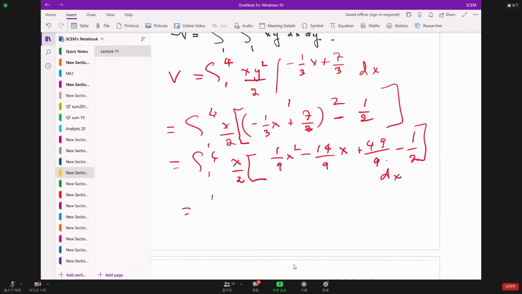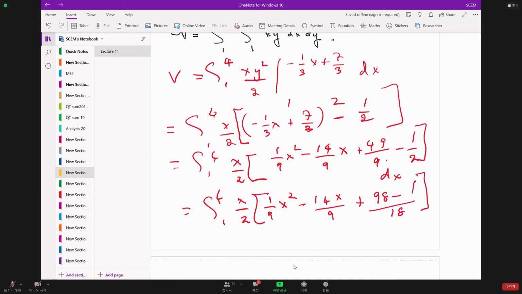So this is equal to, this is a half, no? That's all right. So it's the integral from 1 to 4 of x by 2, times 1/9 x squared minus 14x by 9. You take this half, that's a 9 there, that's 18. So it's a bit of a problem, you have to work that out. Plus, this is 98, 198 minus 1 divided by 9 by 18.